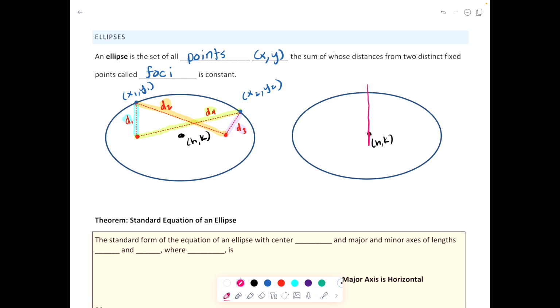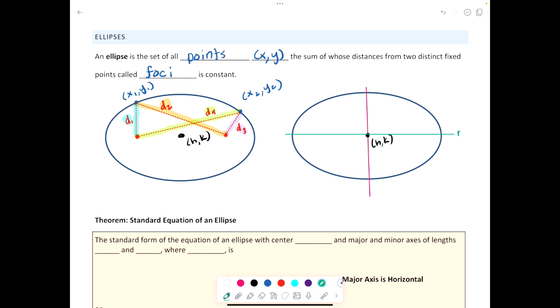In the one that I've drawn here, the minor axis is the smaller value, and then the major axis is the larger, longer one.